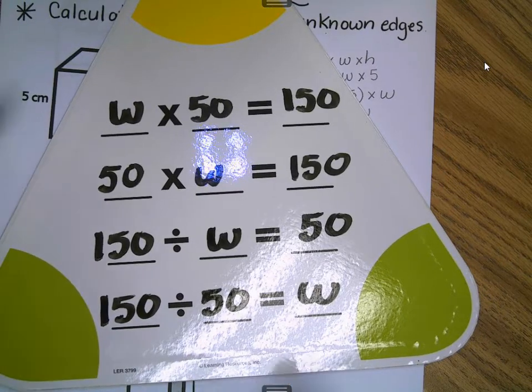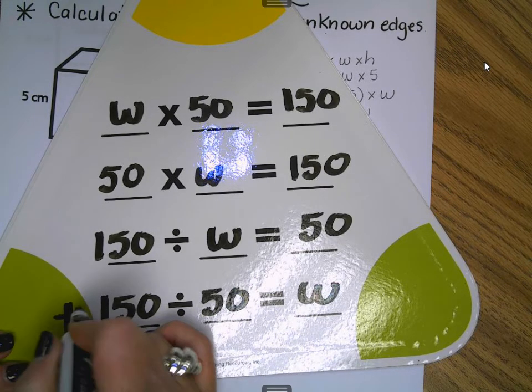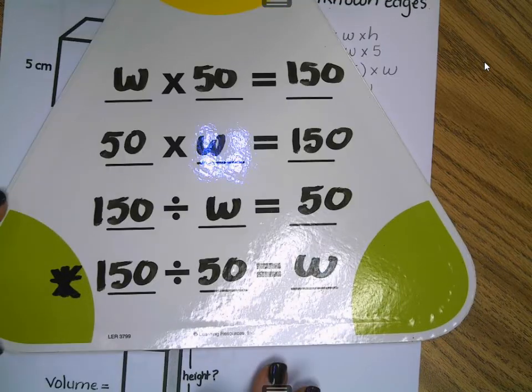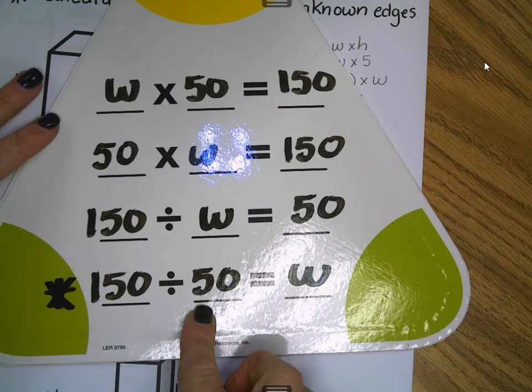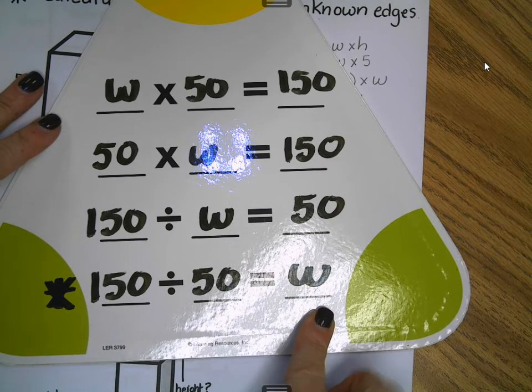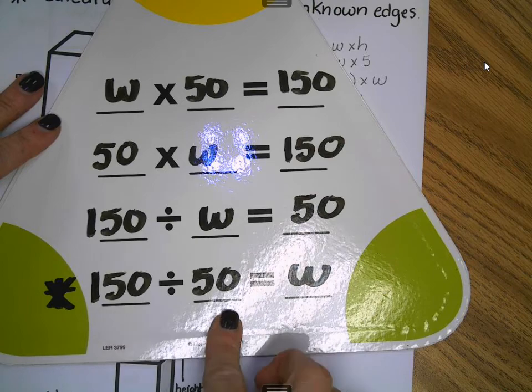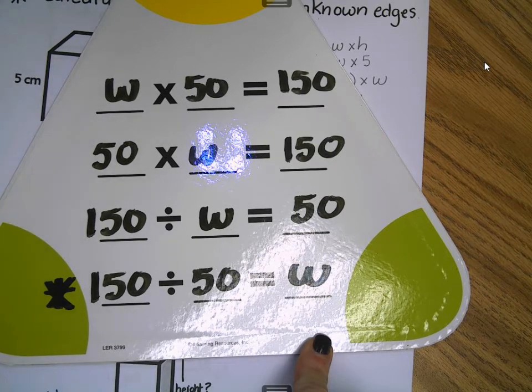Now, the one that stands out to me, except for the fact that this one's pretty easy to do some mental math, is this one right here. I can solve that right now. All right, I know that 15 divided by 5 is 3. So 150 divided by 50 should be 3, right?